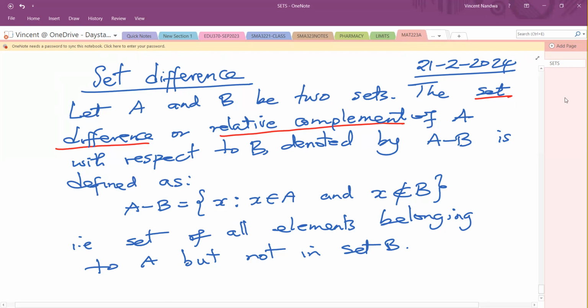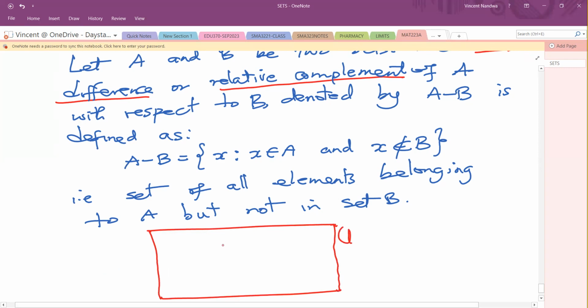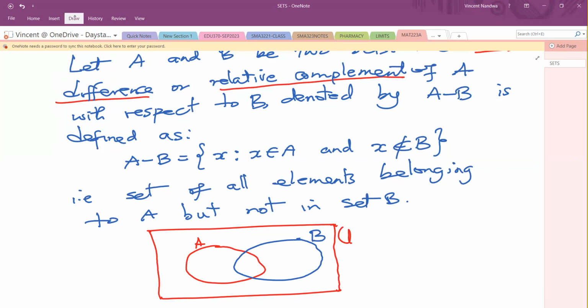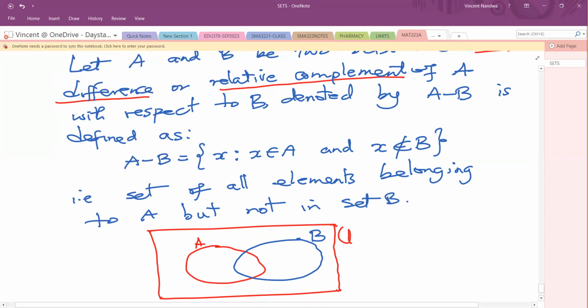So if we were to represent this set in a Venn diagram, this is the universal set. If this is set A, then this is set B. A minus B is this set.